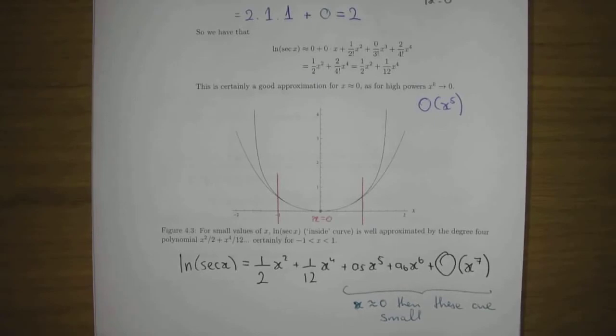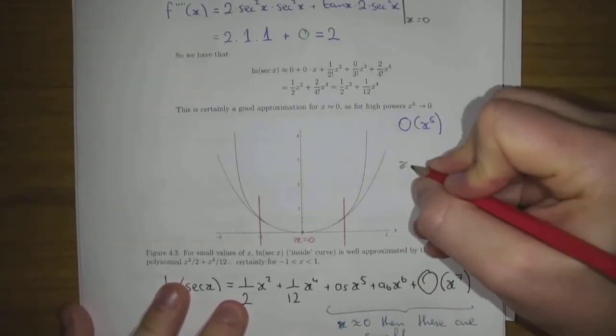Basically, if sec gets... it's kind of hard to think now, but I think near pi over 2, I'll just show you an issue.